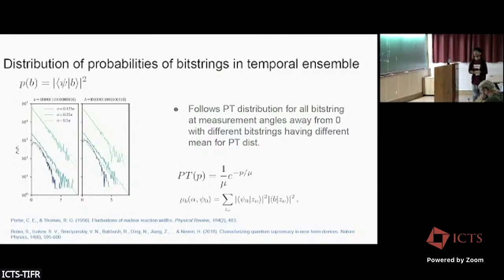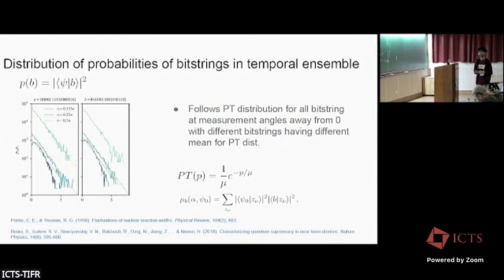Okay, so we have shown the data here for 3 different angles: 0.5 pi, which is the x-axis, meaning measurement in the x basis, and 0.25 and 0.125. 0 would mean measurement in the z basis. You see that for 0.5, the distribution matches the Porter-Thomas distribution very well.